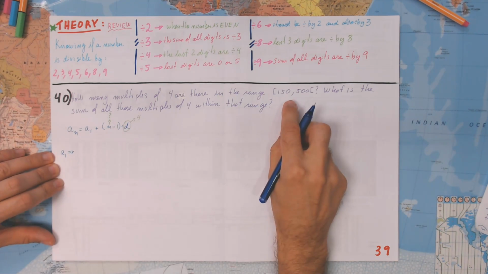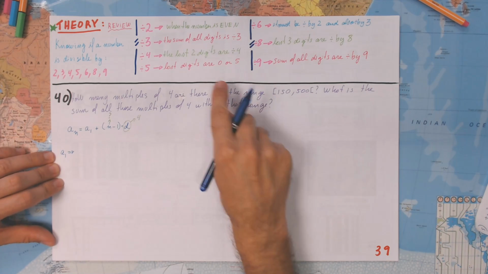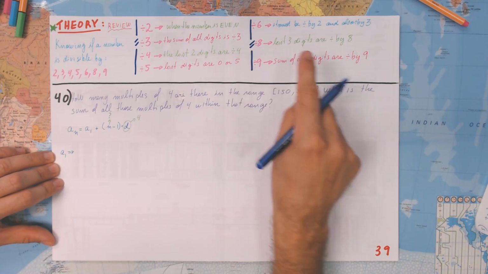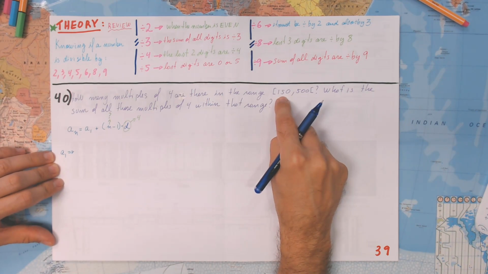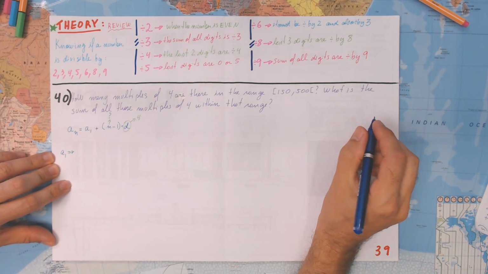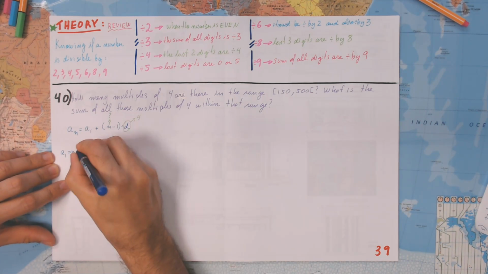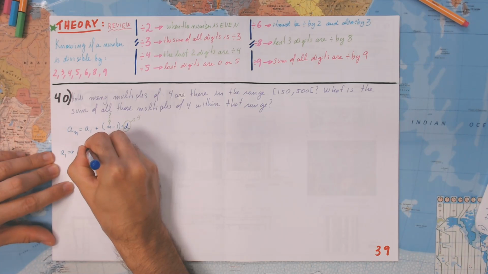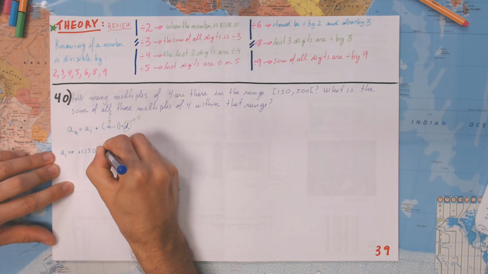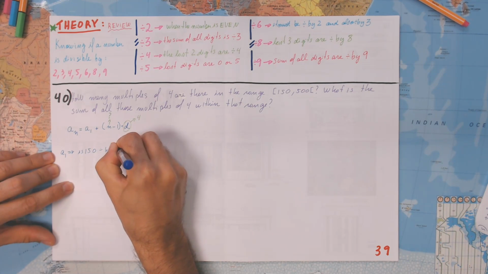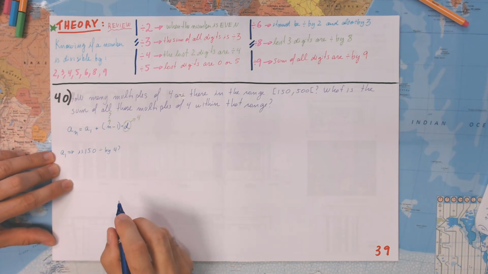It must be divisible by 4, right? So the last two digits must be divisible by 4. Is 50 divisible by 4? Okay, let's see. So is 150 divisible by 4? That's what we are trying to find.